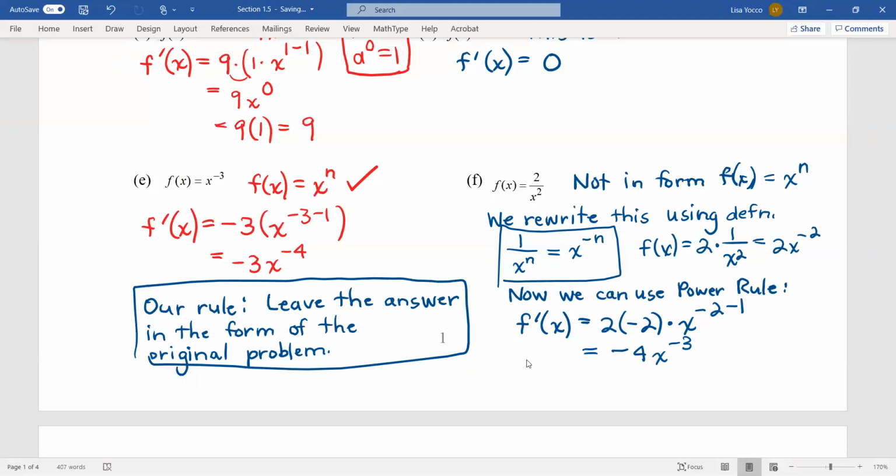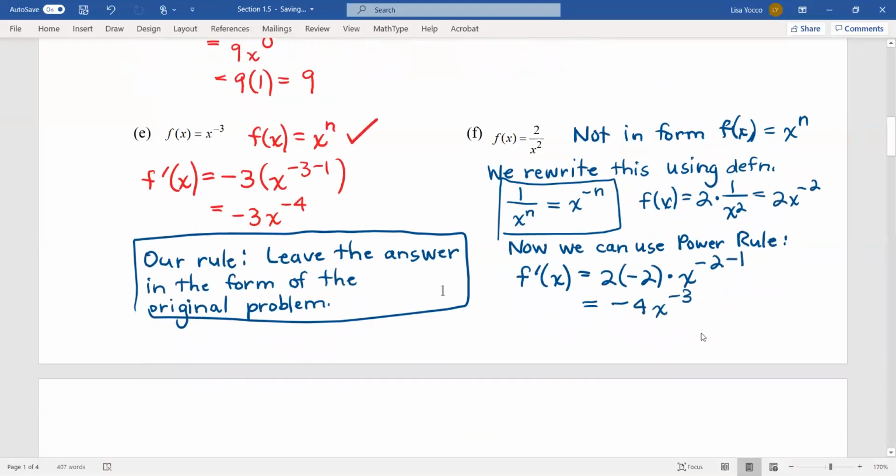Now the rule is, my original problem did not have a negative exponent. So in this case, I'm going to need to rewrite this with a positive exponent. So here we go, keep the negative 4. x to the negative 3 means 1 divided by x cubed.